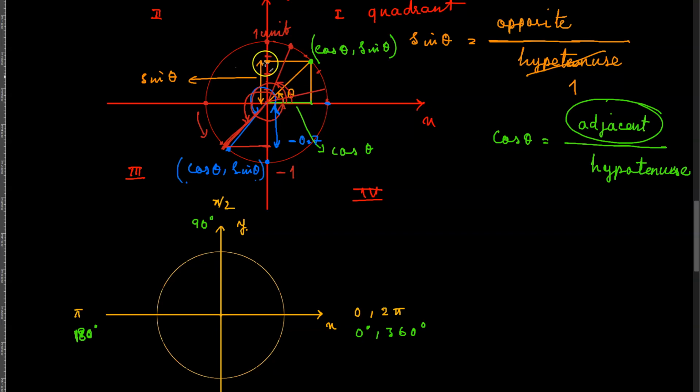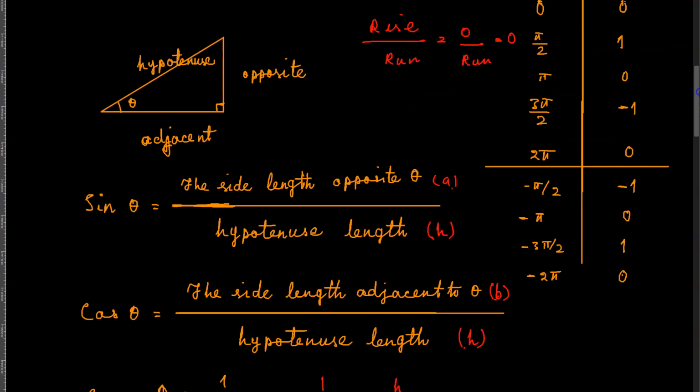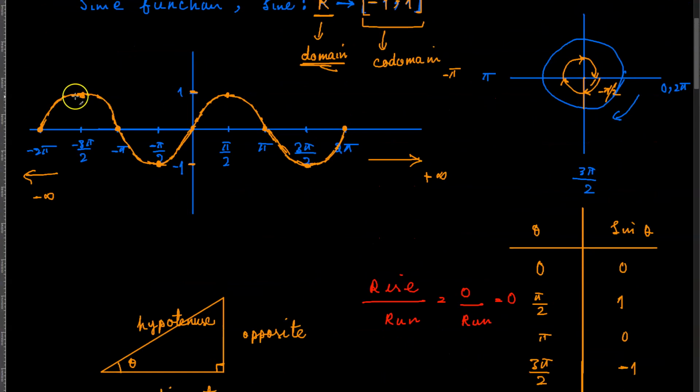And then you can just keep going around the circle, and the same thing happens, which is this behavior that we saw over here. You start from 0, you get to 1, you get to 0, you get to negative 1, you get to 0, again you get to 1, you get to 0, and so on and so forth, right?